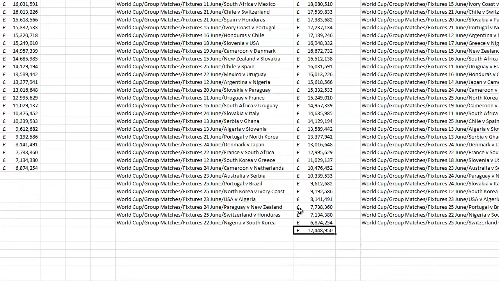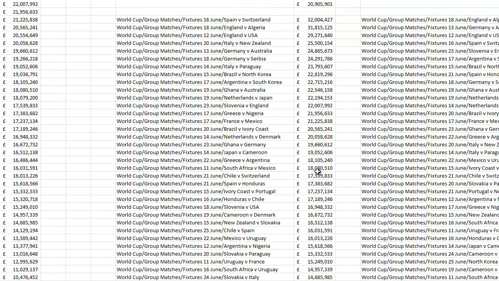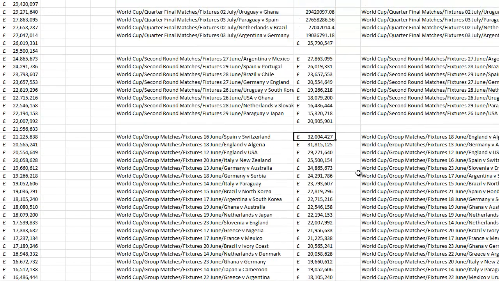But you can see there's quite a wide variation, because Nigeria v South Korea, that huge betting heat in the 2010 World Cup, only turned over 6.8 million. But when we get to some of the bigger matches, they turned over much more. And of course, look at this. In the group stages, England v Algeria, England v the USA, and the other one is here somewhere as well.